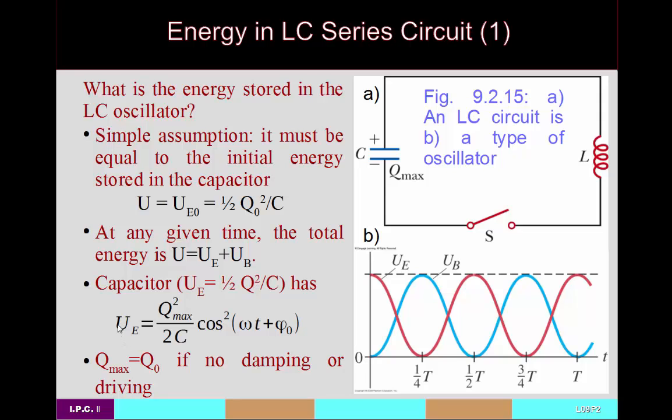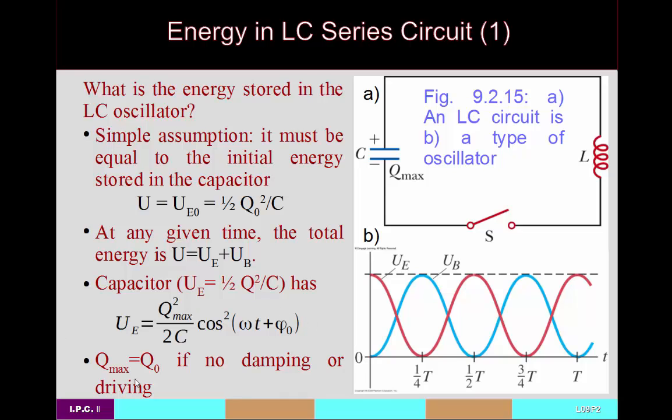So the charge on the capacitor is given by whatever the initial charge was. It could be Q naught or Q max, which is the same thing, times the cosine of omega t plus this phase. We usually take the phase to be 0.